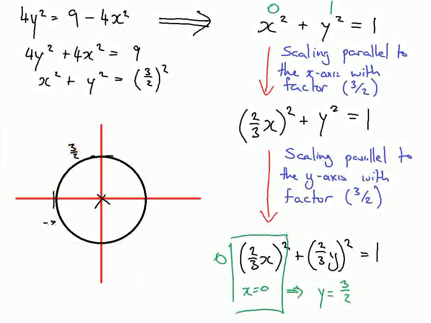This is negative 3 over 2, and this is 3 over 2. So of course yours would actually be touching that, but I'm drawing on a computer so it's a bit harder. Please remember also to label all of your points.